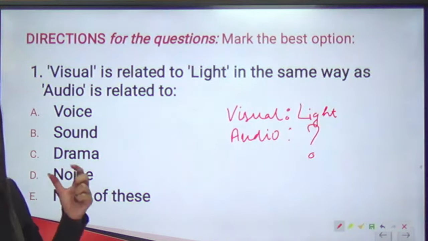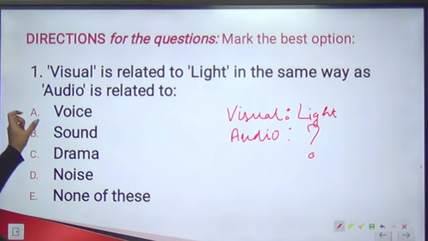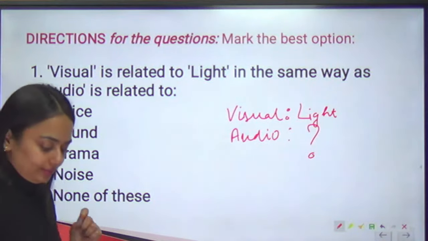जैसे विजुअल लाइट वर्ड से रिलेटेड है, ऐसे ही ऑडियो किस चीज के लिए यूज होता है?